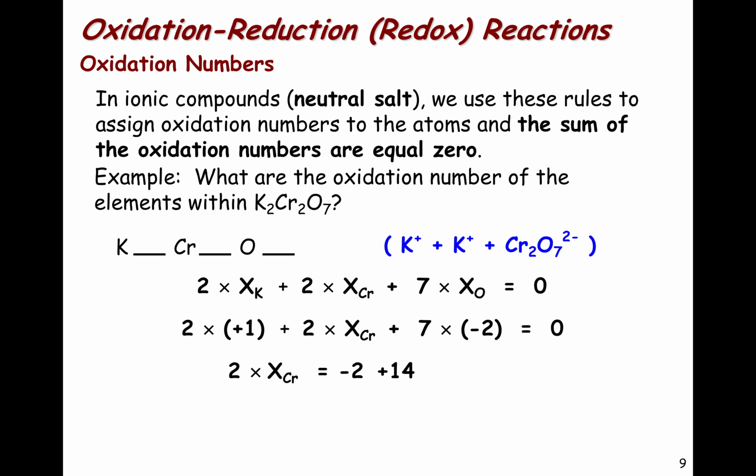We can simplify this down to 2 plus 2 times the X of the chromium, and that's equal to -2 plus 14. We do further simplification, and we see that the right-hand side is +12. We then can divide the 12 by 2 to come up with the oxidation number of the chromium, which has to be 6+.